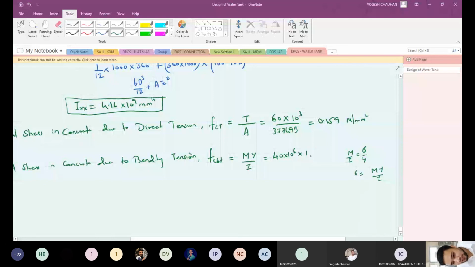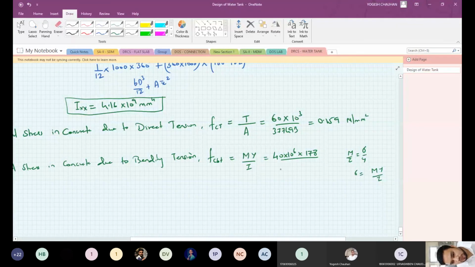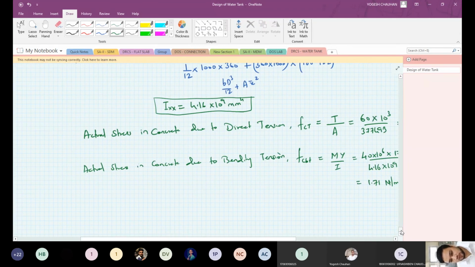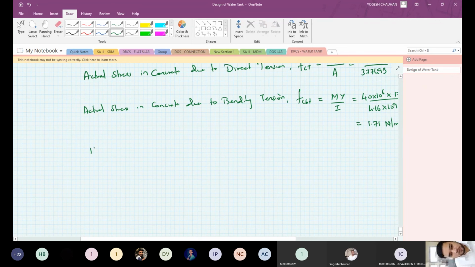So it is 178 divided by I, that is 4.1916 into 10 to the power 9. So this is equal to 1.71 Newton per mm square.